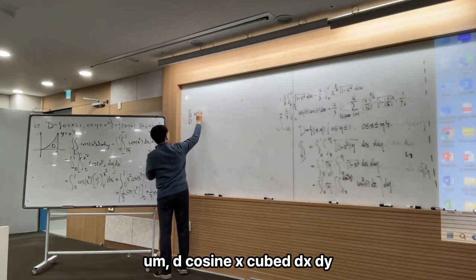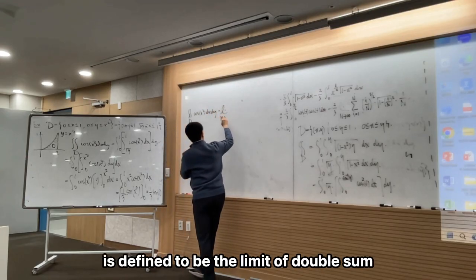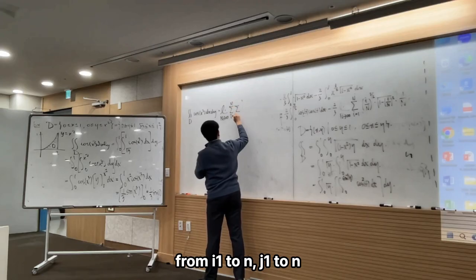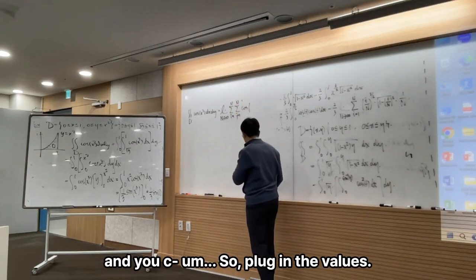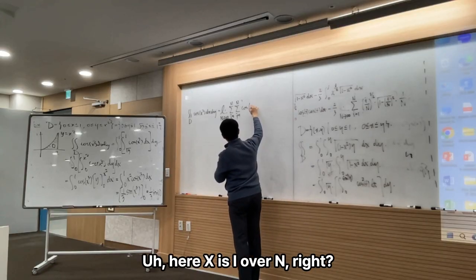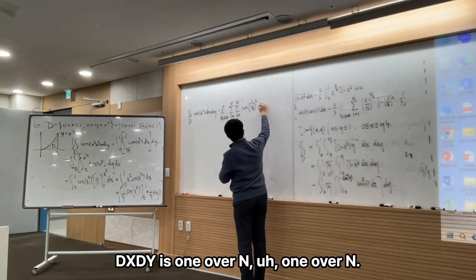the integral of cosine x cubed dx dy is defined to be the limit of the double sum from i=1 to n, j=1 to n, and you plug in the values. Here x is i over n, and there's no y, and dx dy is 1 over n times 1 over n.